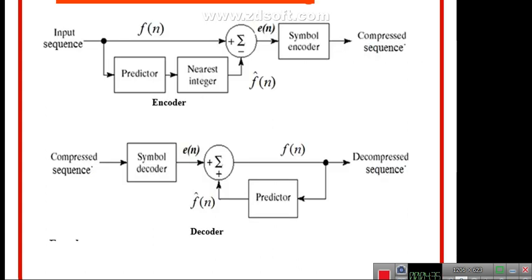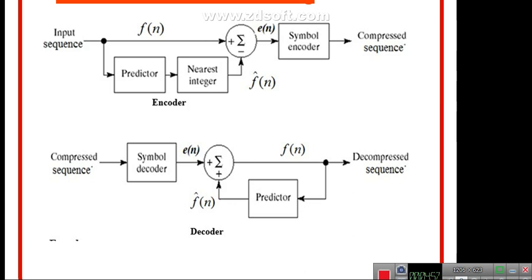Then lossless predictive coding. On the encoder side we use a predictor, nearest integer, and a comparator. e of n is measured from the comparison between f of n and f cap of n, that is, e of n is equal to f of n minus f cap of n.